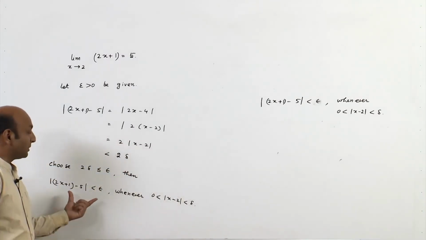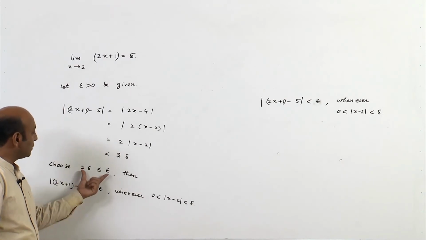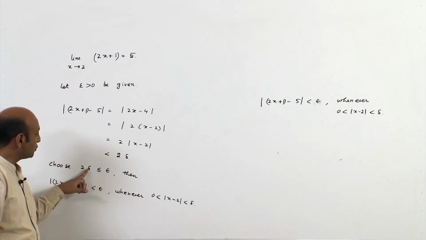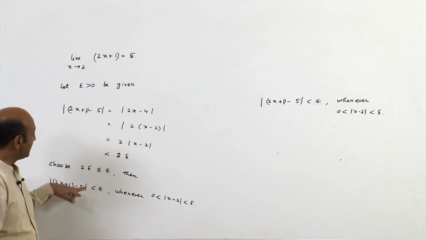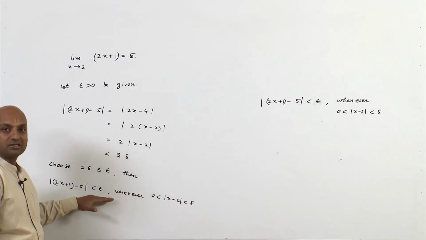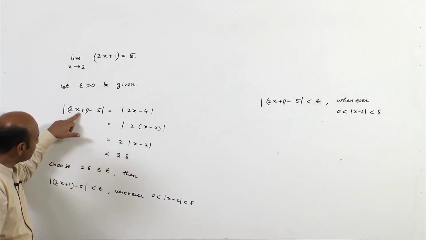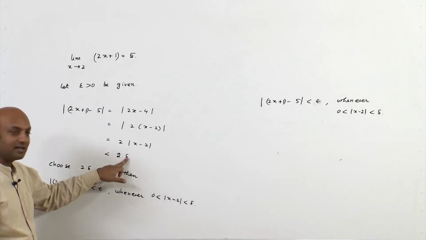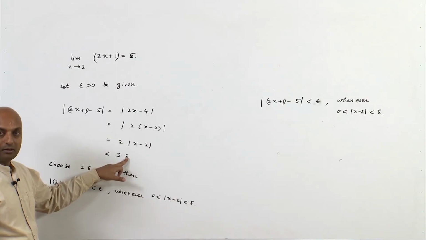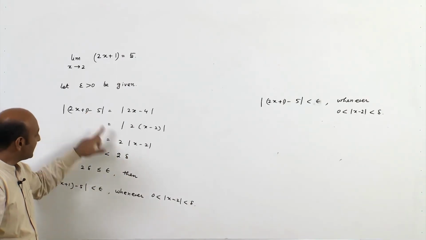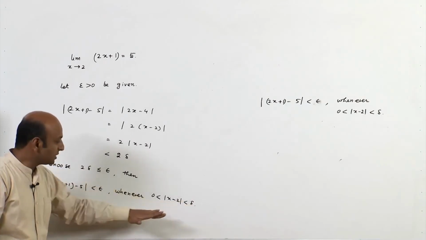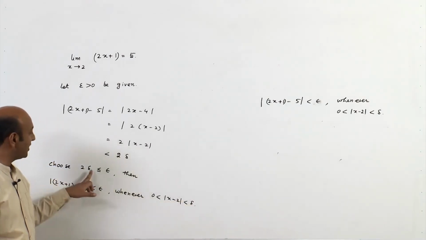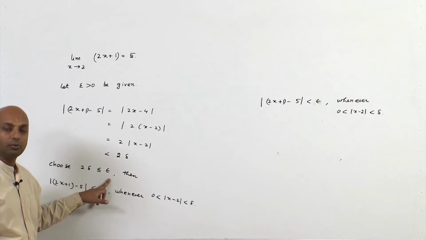This is because whenever you choose delta less than or equal to epsilon by 2, then this inequality always holds, because this is less than 2 delta, which is less than or equal to epsilon. So, this inequality always holds whenever delta is less than or equal to epsilon by 2.